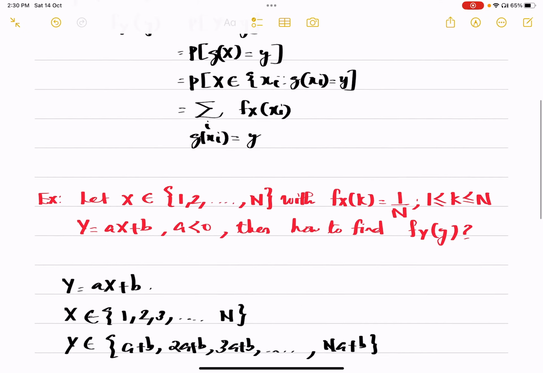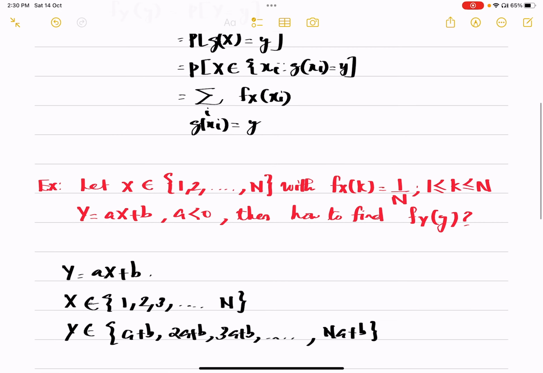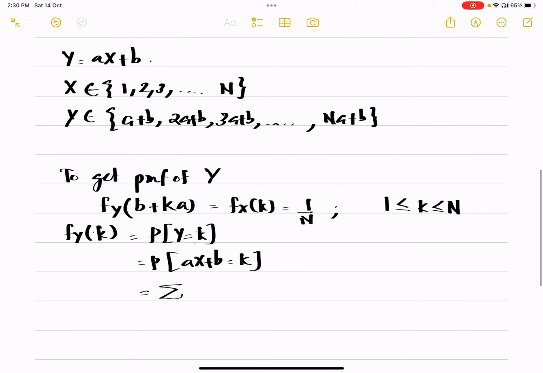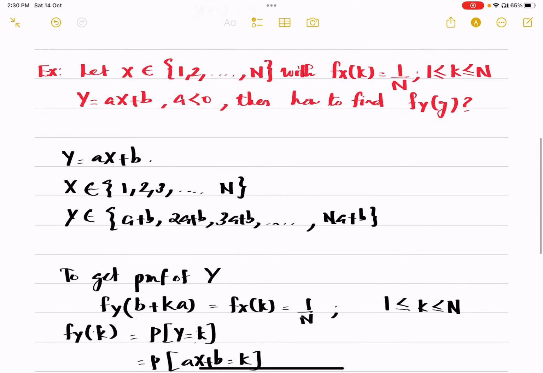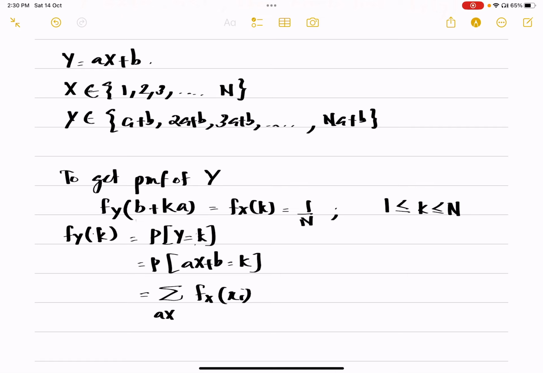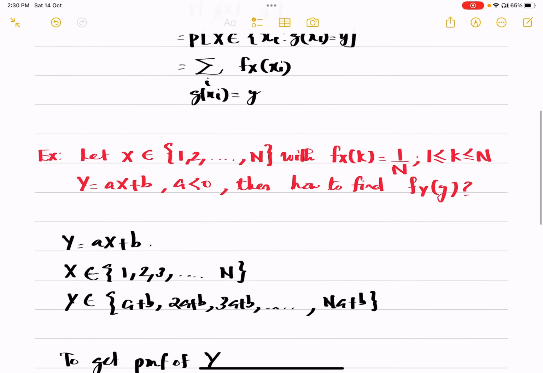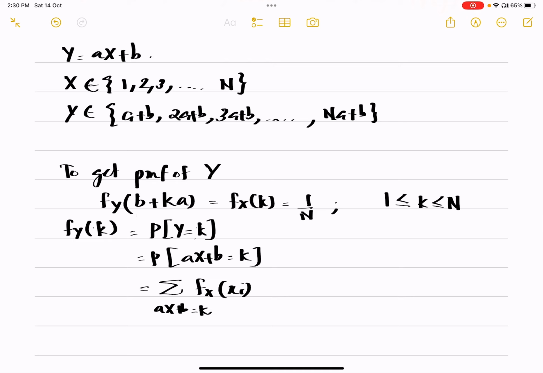So what does this mean? This is the sum of fX of all xi such that ax plus b is equal to k.